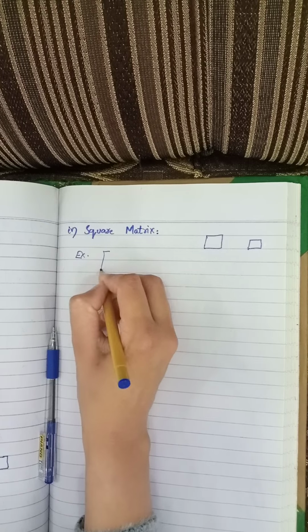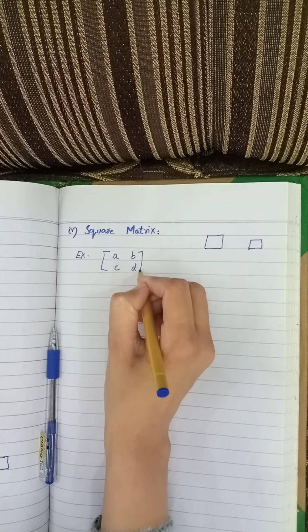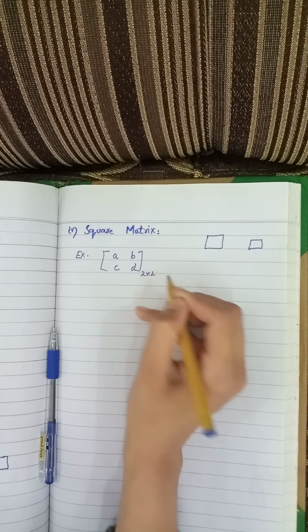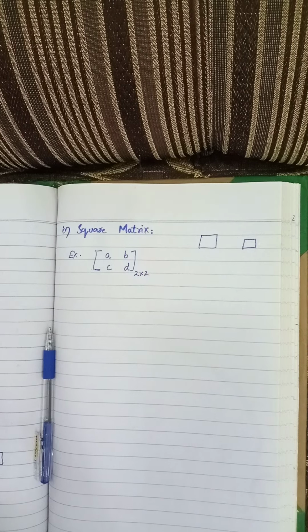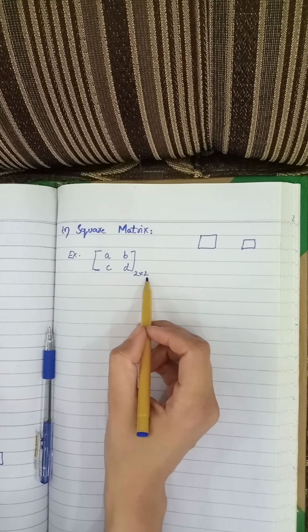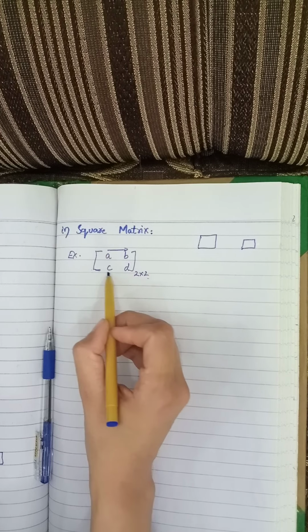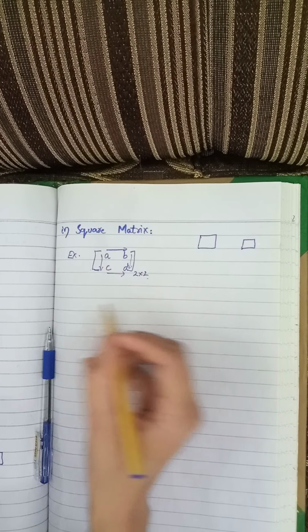As an example, we can take A, B, C, D. Number of rows and number of columns in this matrix are 2. This matrix is a 2 cross 2 matrix. You can see 2 rows, 2 columns. So it's a square matrix.